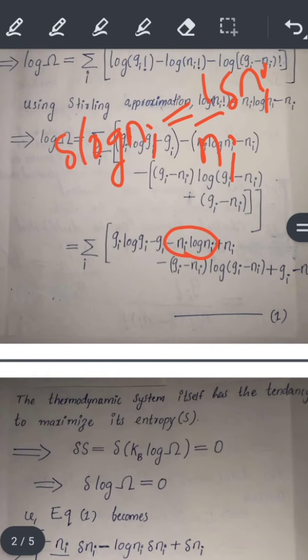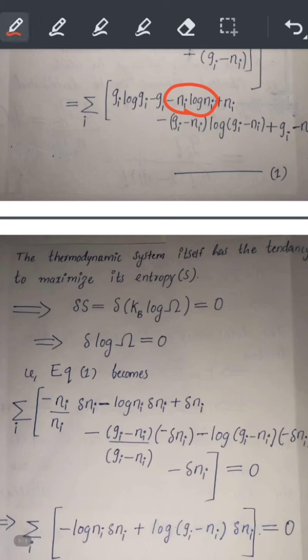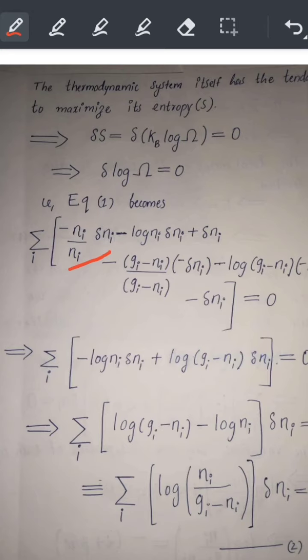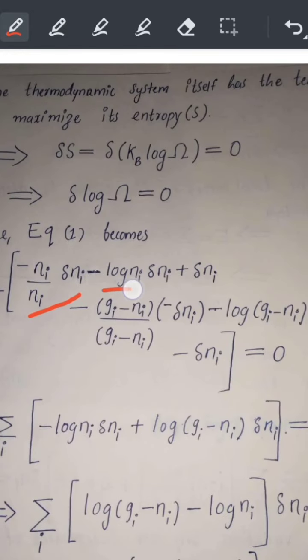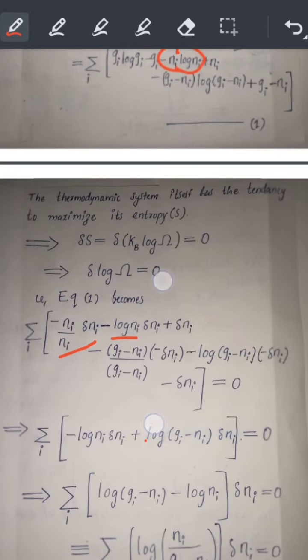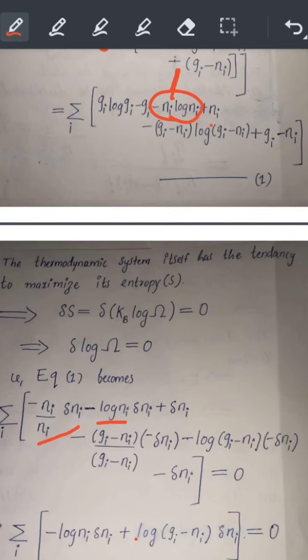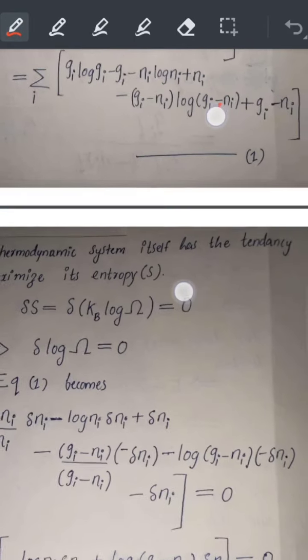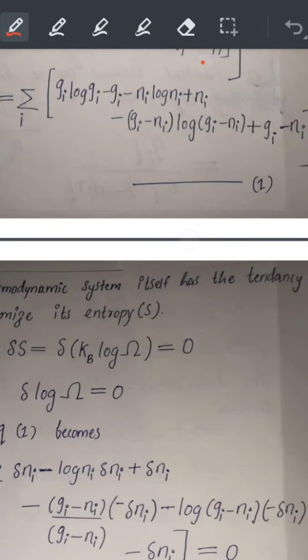So due to the minus sign, we get minus delta ni over ni, and this first ni here is the first into the derivative of the second, and the second, which is log ni, into the derivative of the first. The derivative of the first is delta ni, so minus log ni delta ni. And the next thing you need to differentiate is this ni, that is delta ni.